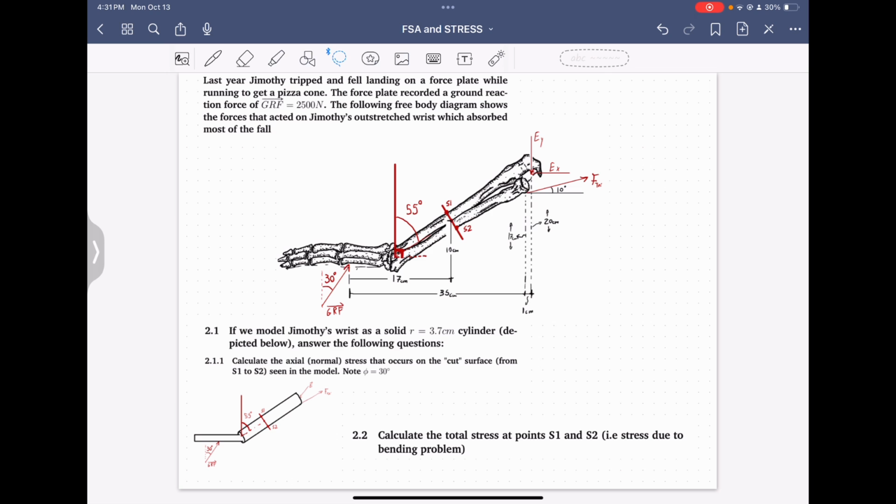And I'm going to do this example, so I highly recommend you pause and try this. I will say the 17 and 20 is this distance and this distance, and then the 1 centimeter is obviously in between.